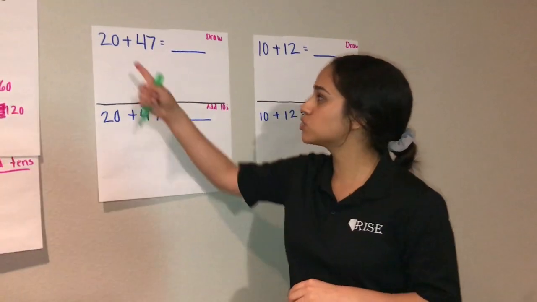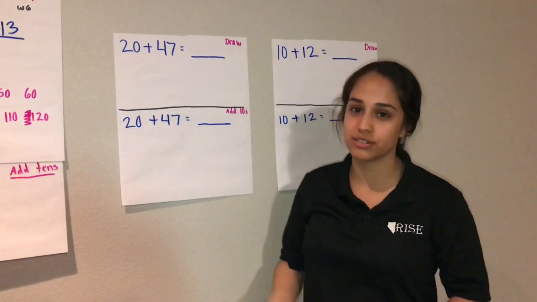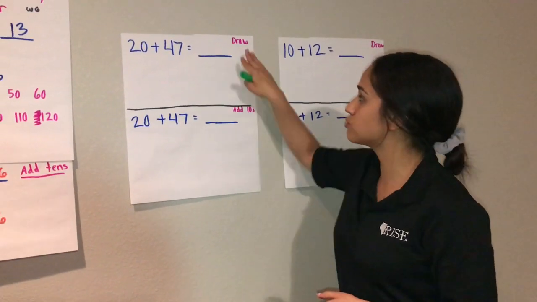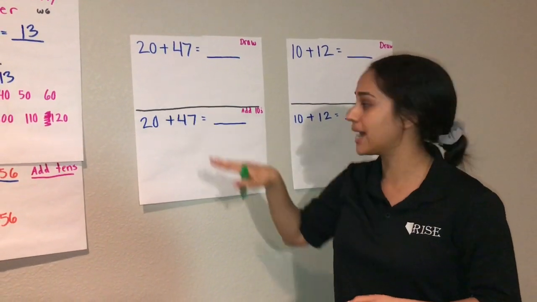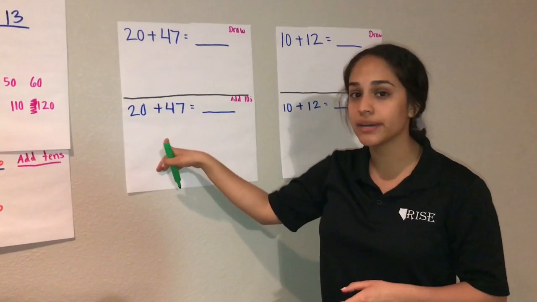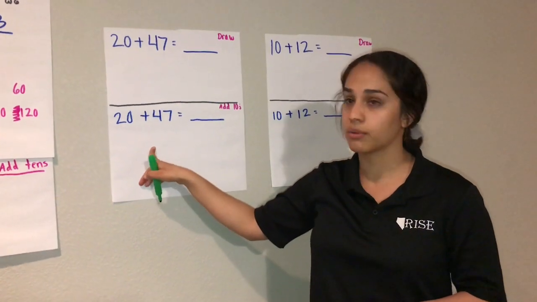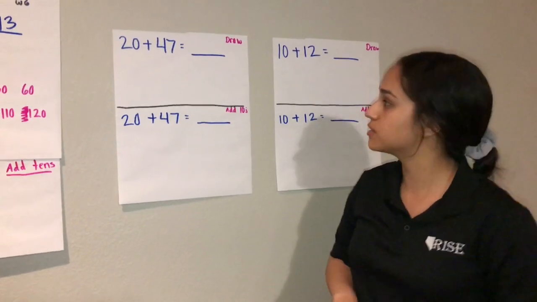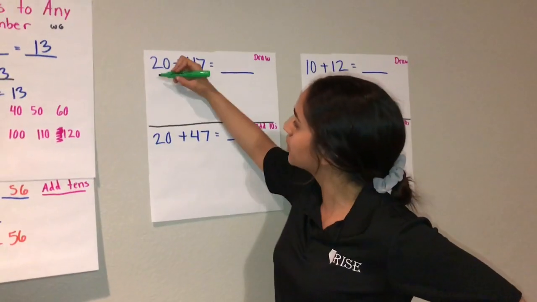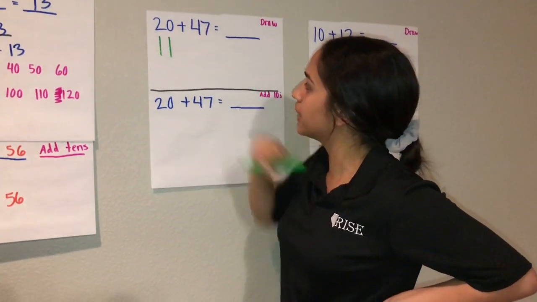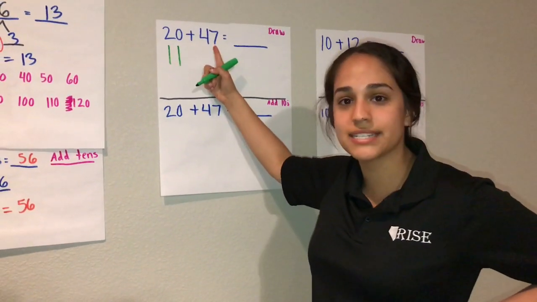So we're going to solve 20 plus 47 the 2 different ways that we just talked about. We're going to draw it, sketch it out with the ones and tens, and then the next way is the same way that we showed it with the number bond, adding tens up. So 20 looks like 10, 20. Then we have to represent 47.